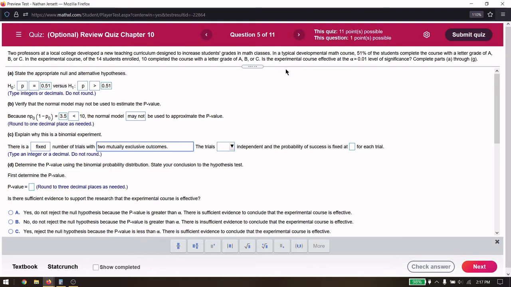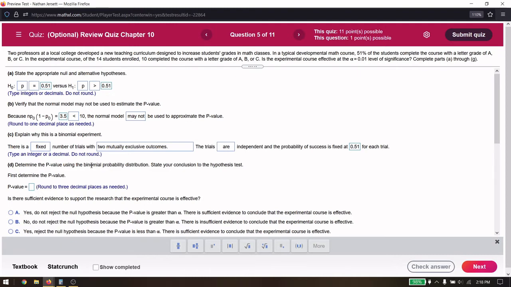Either they get A, B, or C, or they don't. So it's 2 mutually exclusive outcomes. You can't get an A, B, or C and also a D or an F. You can only get one or the other. And it's fixed because there's 14 of them. Okay, the trials are independent of each other, and probability of success is fixed at, I think, the 0.51 for each trial. We'll check to see if this is correct at the end.